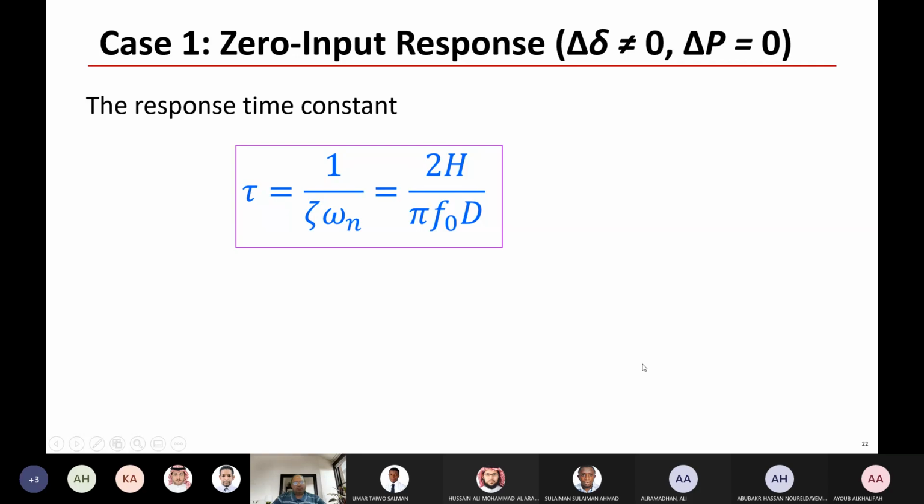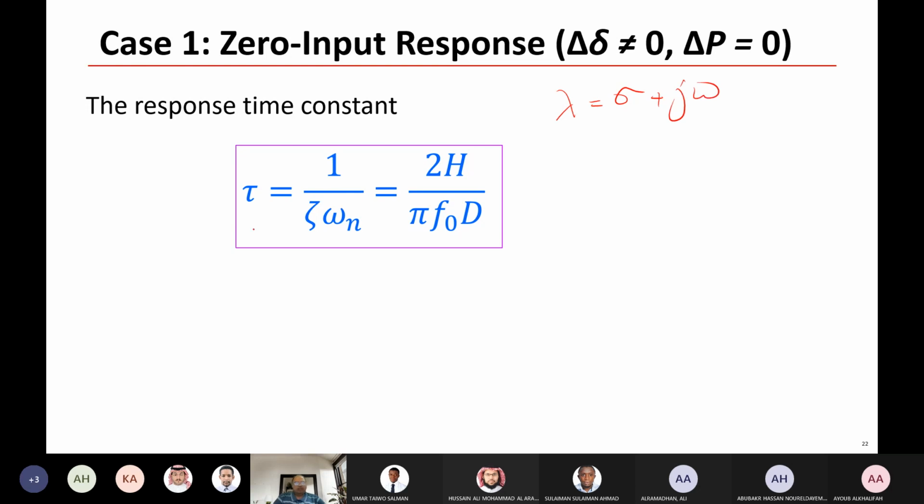Of course, for the response time constant, we usually use the real part of the eigenvalue. The time constant tau of the response equals 1 over the real part of the eigenvalue. The eigenvalue is written as sigma plus j omega, so you have 1 over sigma.